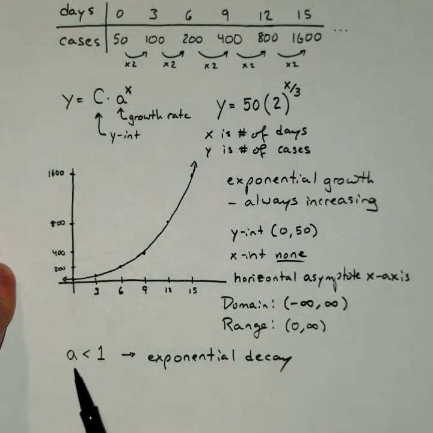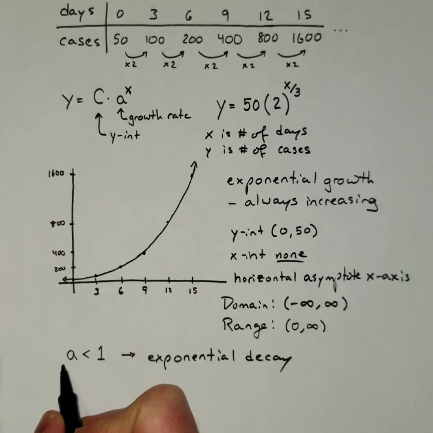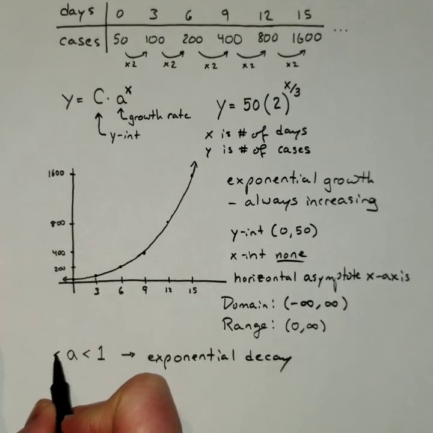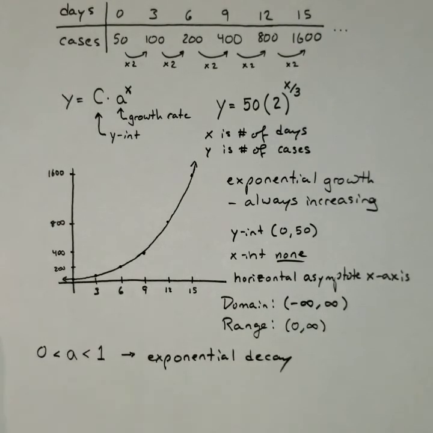Okay, if this multiplier is less than 1, like a half, you're cutting it in half every time, so you're going to be decreasing. Okay, and of course the a value has to be positive, so I'm going to go ahead and put another side to this inequality. It can't be 0 or less, otherwise negatives don't really work for bases. There are some reasons, because of roots and square roots and things like that, we can't put negatives in the base.